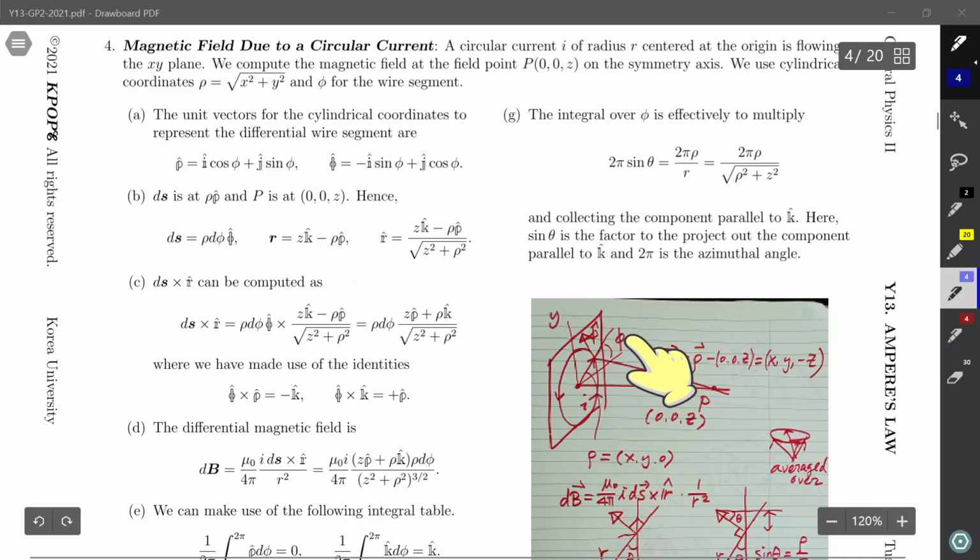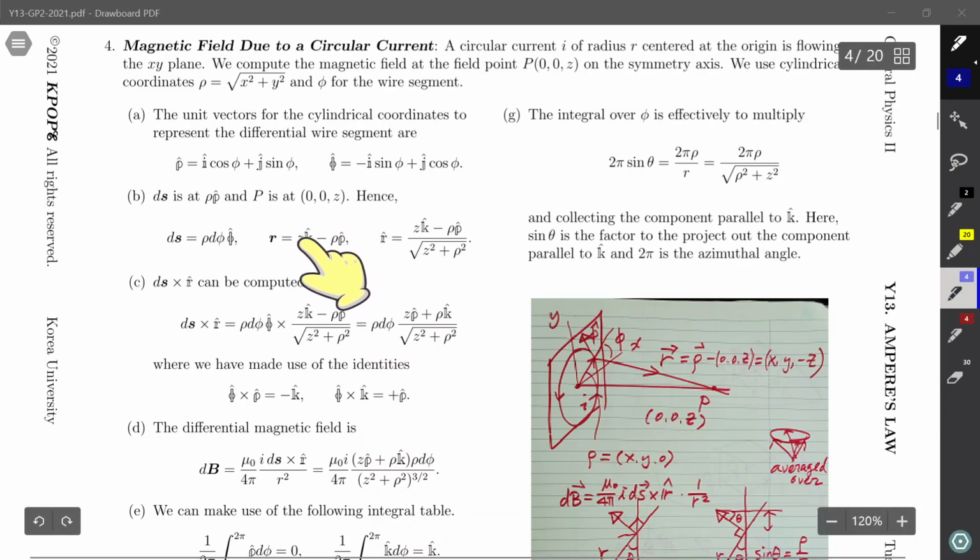This is the R vector that connects the wire element to the field point. So the field point coordinate, that is z k hat, subtracted by this rho hat. We know k hat and rho hat are perpendicular to each other.